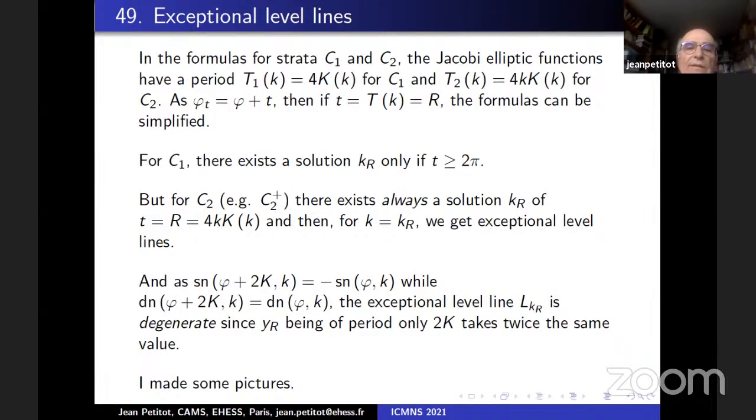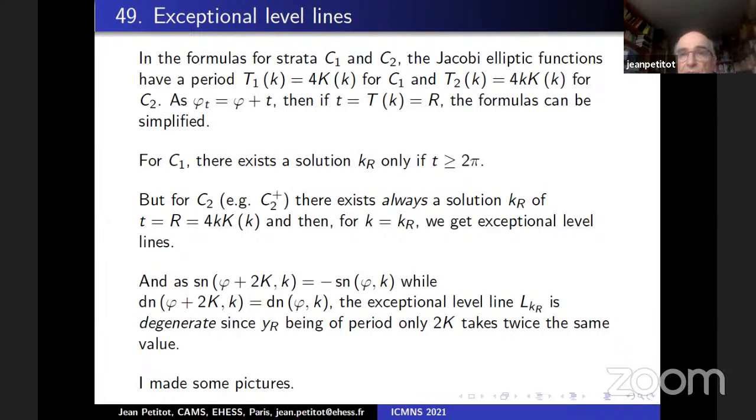And T2, the period for C2, is 4 small k capital K. For C1, you can have a solution of the equation period equal the radius, to take the radius equal to the period, only if r is greater than 2 pi.